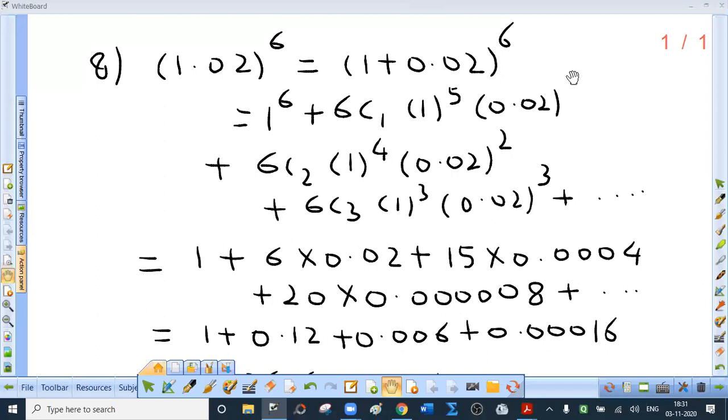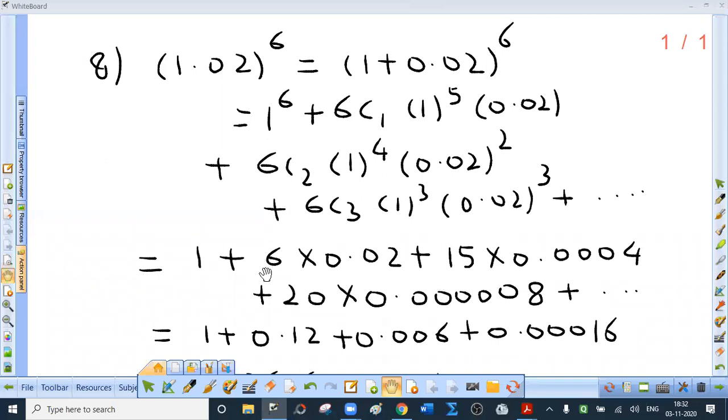Sum number 8. Find the value of 1.02 raised to 6, correct up to 4 places of decimals. See, only 4 places of decimals, right? 1.02 is 1 plus 0.02 raised to 6, 1 raised to 6 and so on. See, I have considered terms up to this only, because next will be 6c4 times 0.02 raised to 4, and it is too small because we are interested in obtaining the answer up to 4 places of decimal.